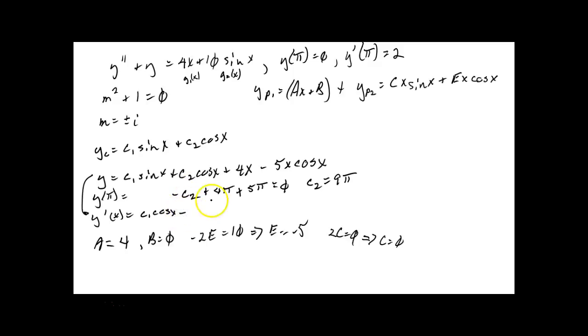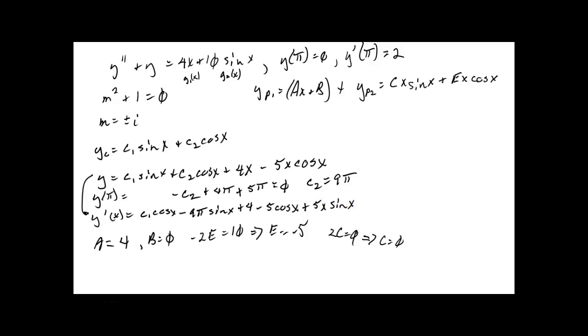Okay, let's go on and plug in 9 pi, since we already said that's what C2 is. Sine x, right? Plus 4 minus 5 cosine x plus 5x sine x.